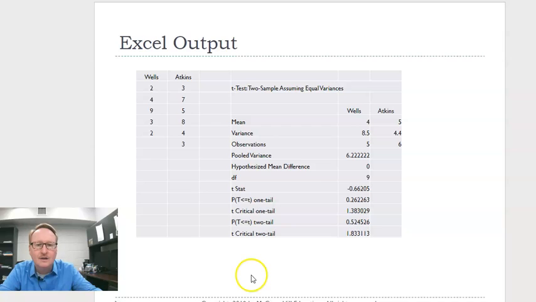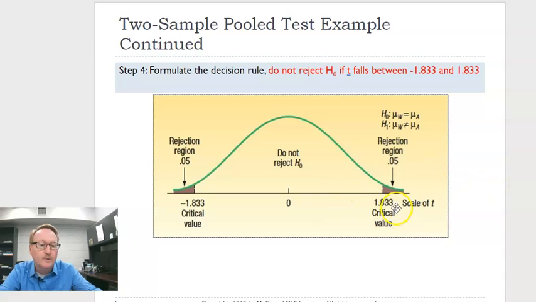We were using the equal sign, and the null hypothesis was equal and the alternative was not equal. So the critical value is 1.833. That's given to me by the software. And if we remember, that's what it was right here, 1.833. It's not always 1.833. It's a calculated number.